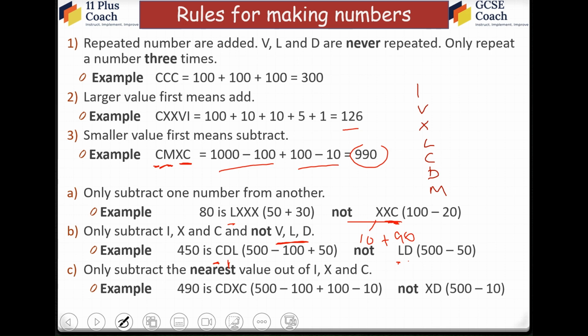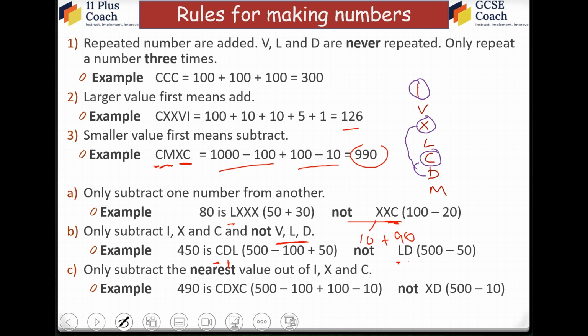Remember, these are the ones that can be taken away firstly: I, X, and C. So you take away C from the D, for example, or M, but what you don't take away is X from D or M. X is not the nearest one from D and M. So you can take away 100 from 500 or 100 from 1,000, but you can't take away X from 500 or X from 1,000, because that's not the nearest one.